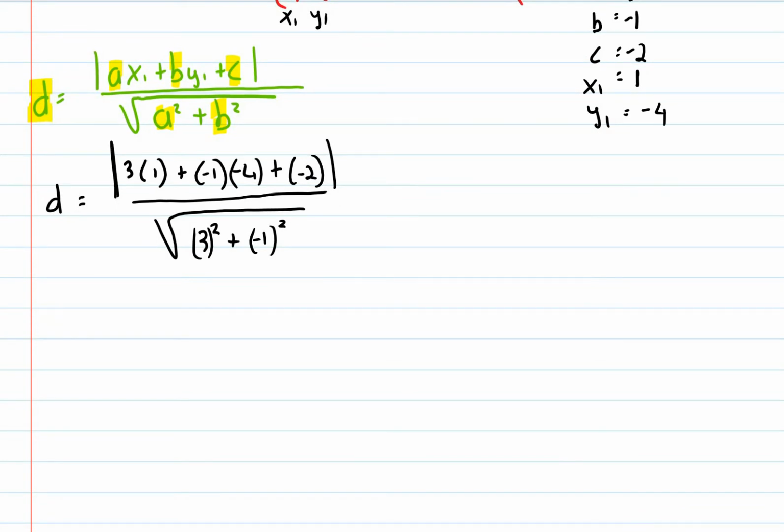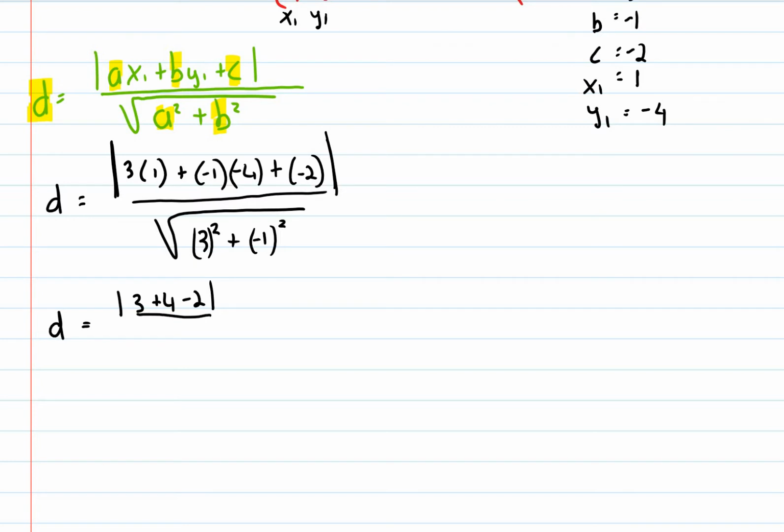Now bear in mind that whatever number we get on top, we have to take the positive version of it. So I'll just do it out. 3 multiplied by 1 is 3, minus 1 multiplied by minus 4 is plus 4, and then we have our plus minus 2, which is minus 2.